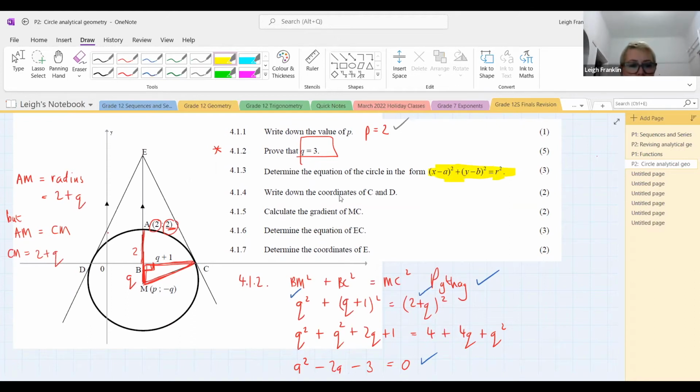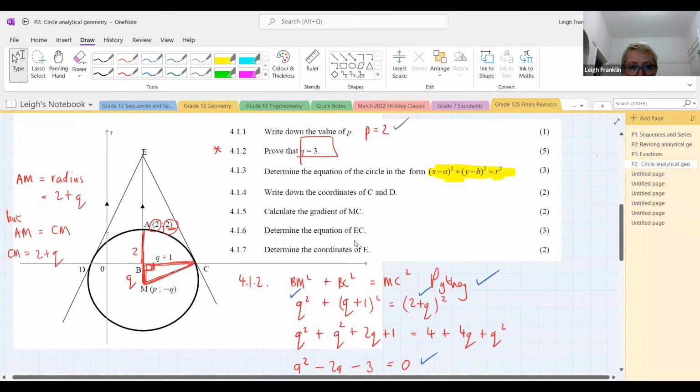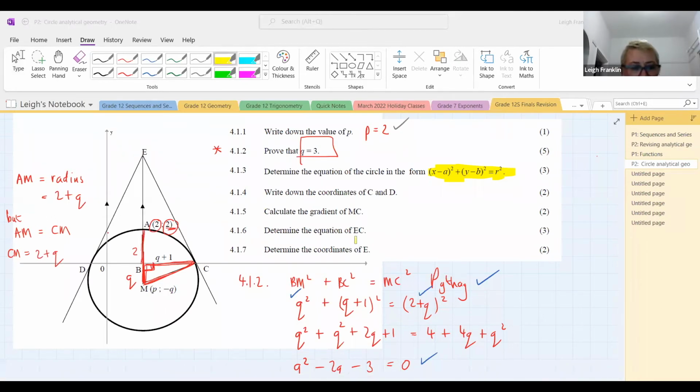So can anybody tell me what they think, now that we know what P and Q are equal to? How would I start off question 4.1.3? What do you think I should write? That's it, can you see there? So we would sub in A and B. Lovely.